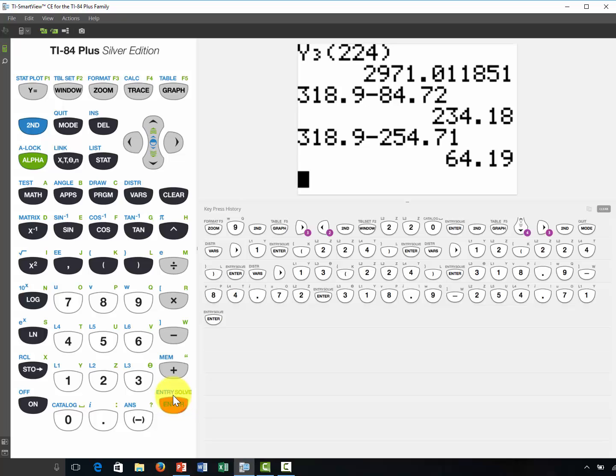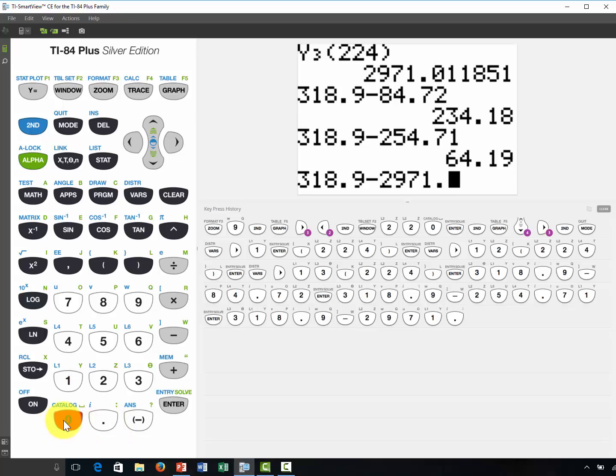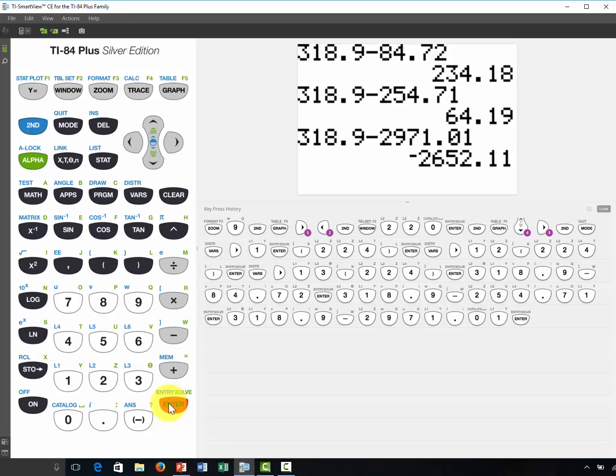And then the last one, if we take 318.9 minus 2,971, clearly this is the worst prediction. This is going to be the worst residual. We have a negative 2,652 million. So since the residual is negative, the model overestimated.